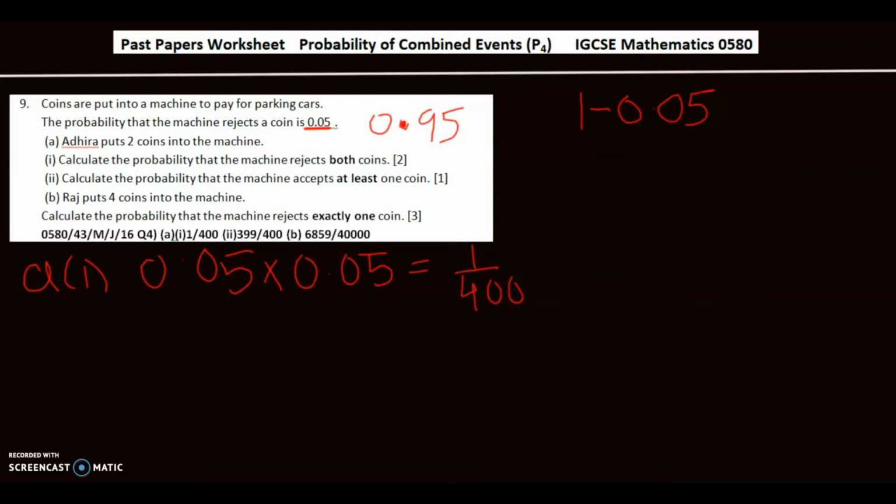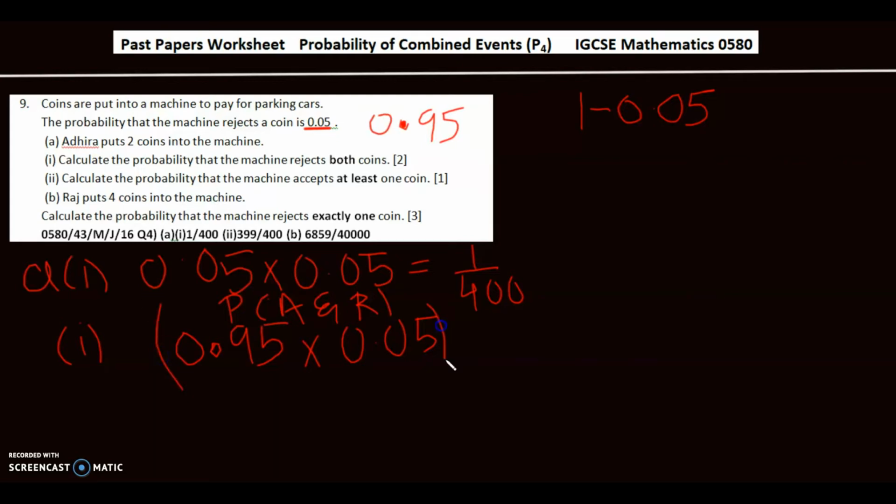For part 2, calculate the probability that the machine accepts at least 1 coin, which means either it's going to accept the first coin, which is going to be 0.95, and then reject the other coin, times 0.05. So probability of accept and reject. And it could have also been reject and then accept, which means the first coin got rejected but the second coin got accepted.